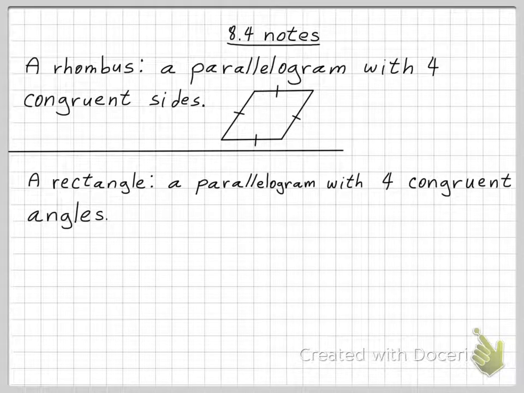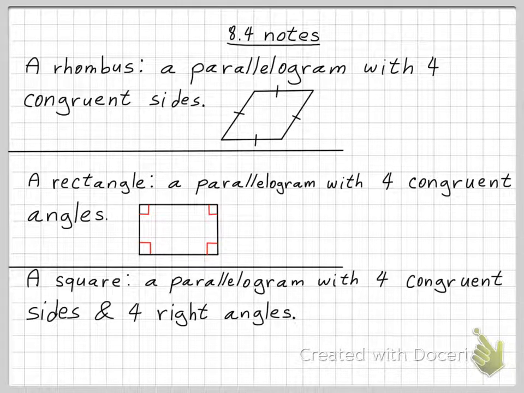A rectangle is defined as a parallelogram with four congruent angles. So if we know that we have four 90-degree angles, and notice that the pairs of opposite sides are not congruent to each other. If they were, then it would be a square. Then we have a rectangle. So a rectangle is a parallelogram with four congruent angles, or four right angles, or four 90-degree angles.